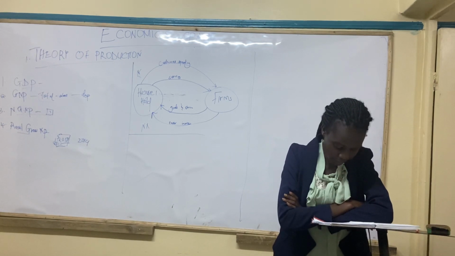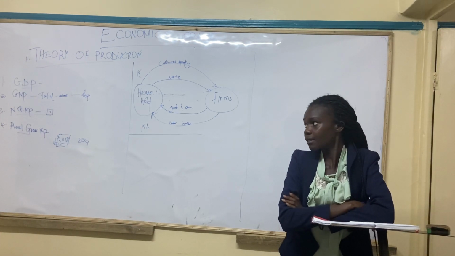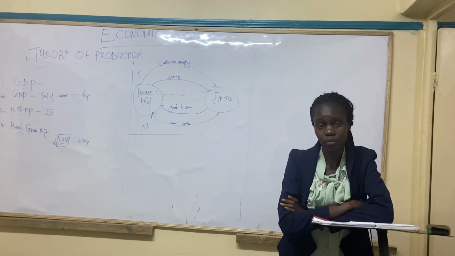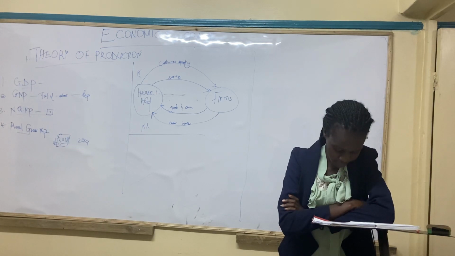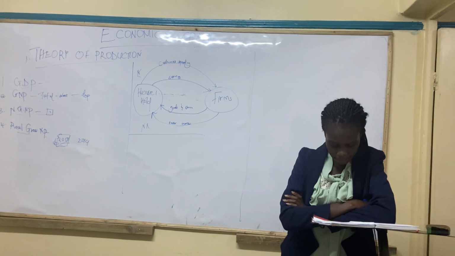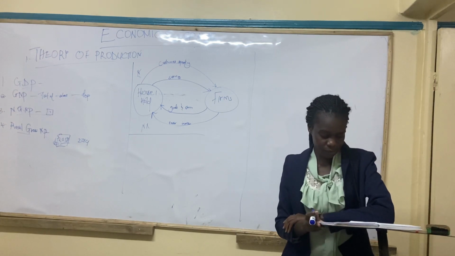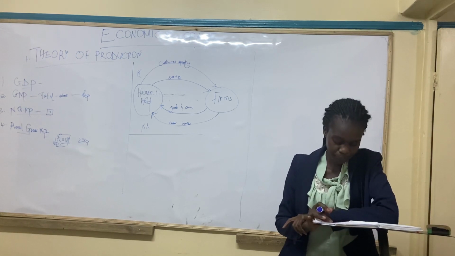The second one is national income, the income of a country. And the third one is national expenditure, those are the expenses of a country. Those are the approaches to measuring national income.